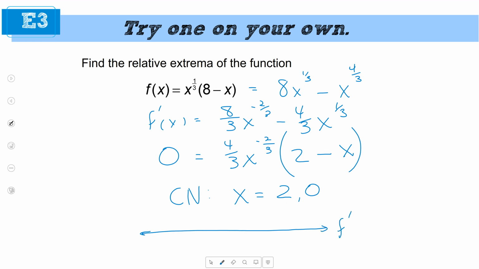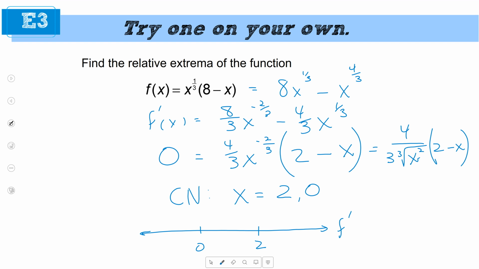Please, when you graph numbers on a number line, graph them in the proper numerical order. It happens all the time. Maybe it would be easier if I wrote it this way: 4/3 the cubic root of x squared times 2 minus x. Okay, let's do it that way.